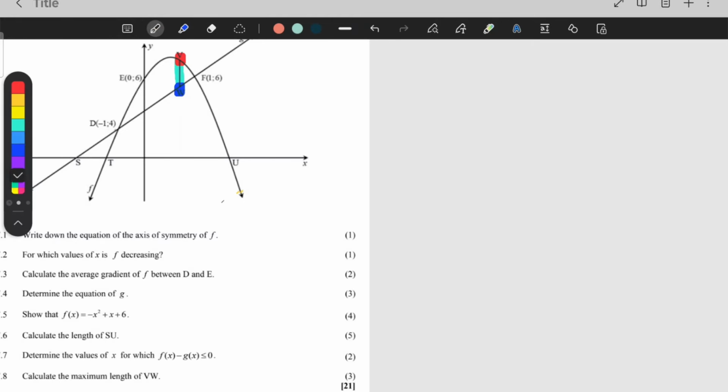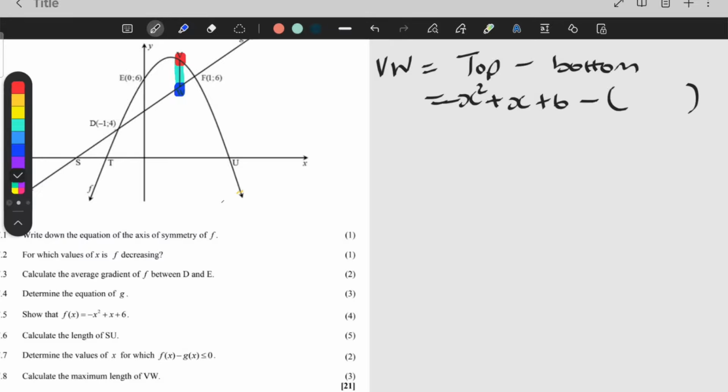So I'm going to write, the maximum length of VW is always the top graph minus the bottom graph. When you look at that line, V is on top, so that's the parabola. So the equation of the parabola, this was a negative, was this, minus the straight line in brackets, x plus 5.